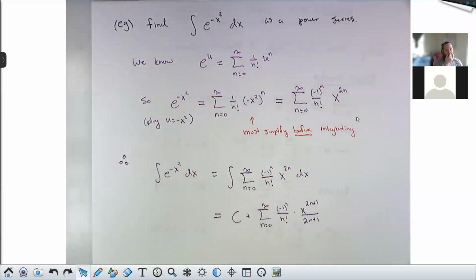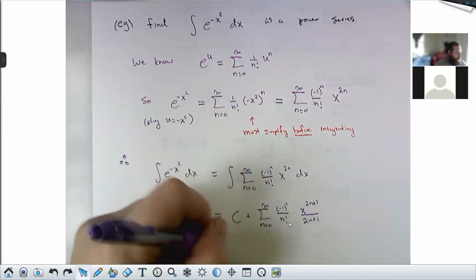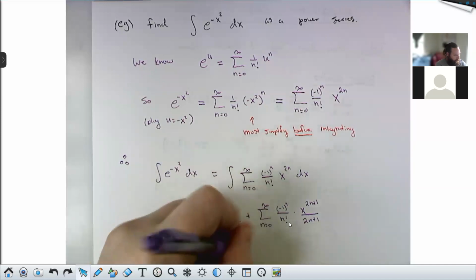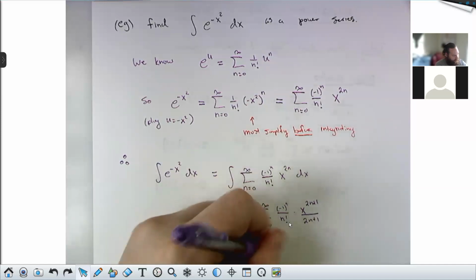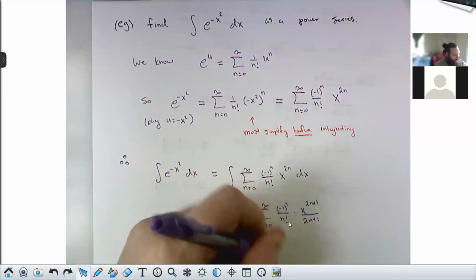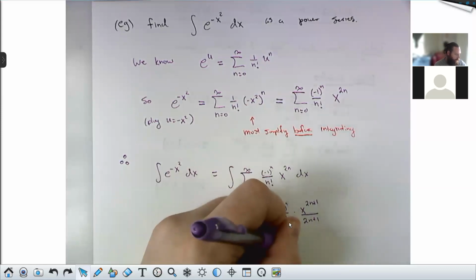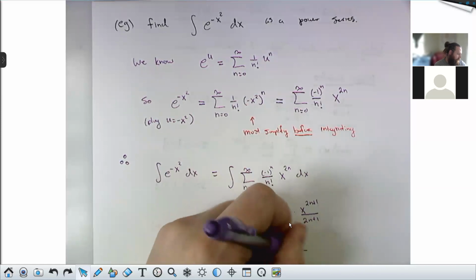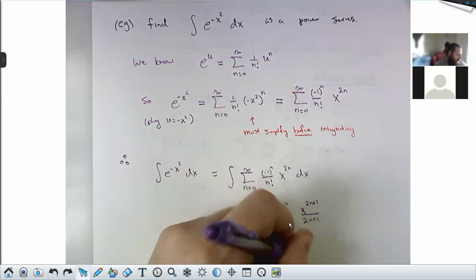And so multiplying. I'm of the opinion that it's nice to rewrite this with all the coefficient stuff together and the x stuff separate. So before I walked away from this problem, I would combine the negative 1 to the n over n factorial with the 2n plus 1, giving me this.